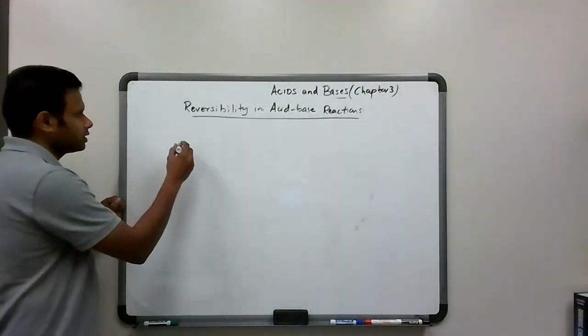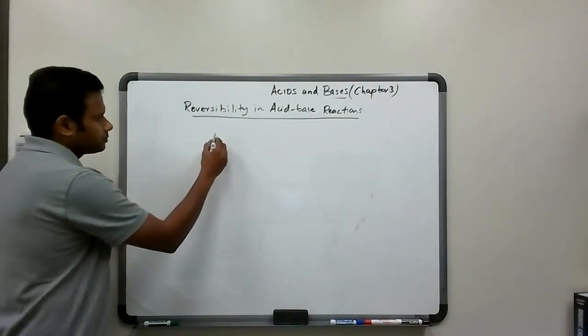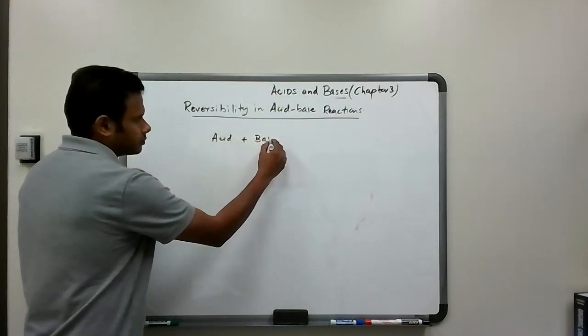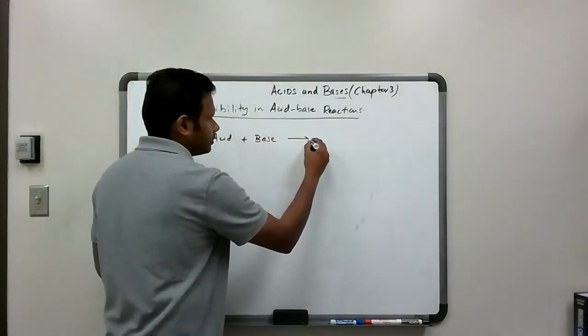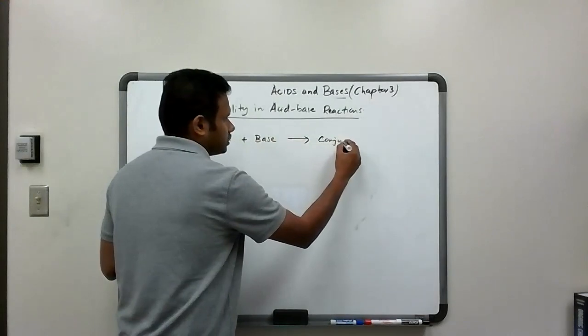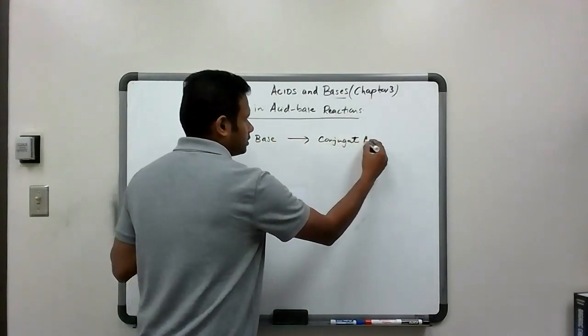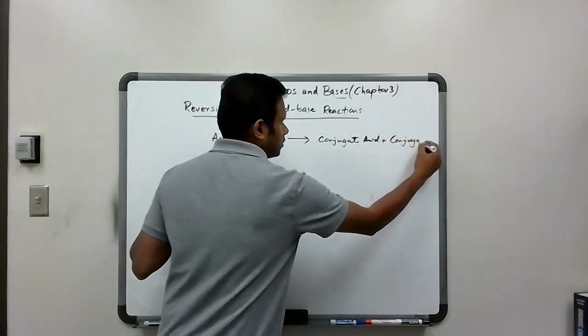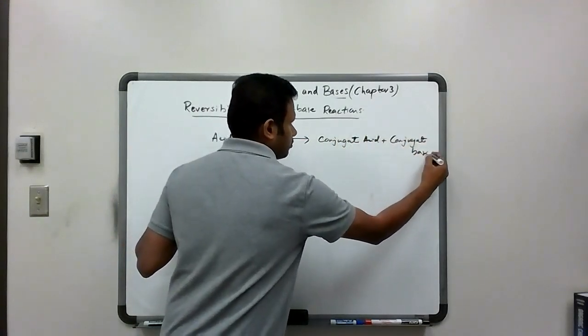acids and bases: when you have an acid, it reacts with a base to give you a conjugate acid and a conjugate base.